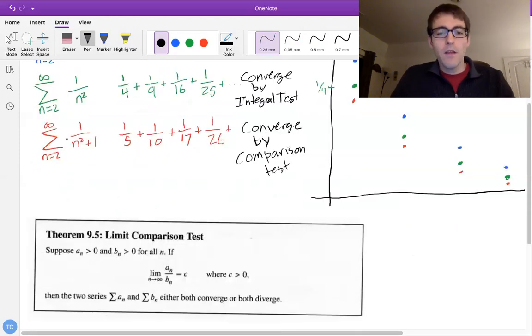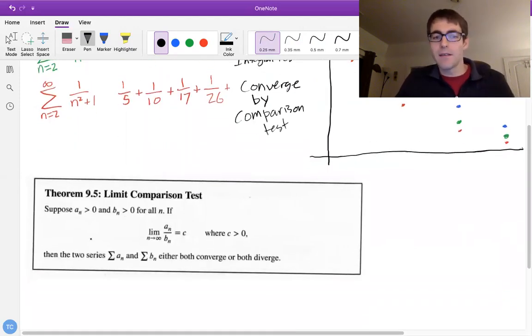Okay. So here's the statement of the limit comparison test. If we have two sequences, a_n and b_n, that are always positive, and if in the limit their ratio is just some constant number, then the convergence and divergence of these two series are linked.